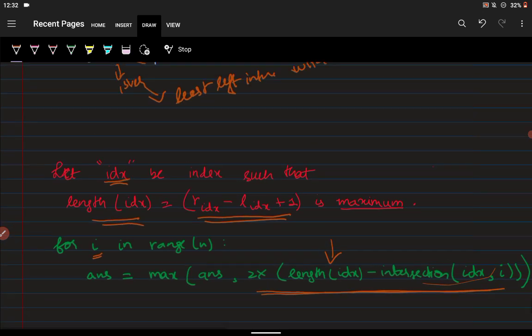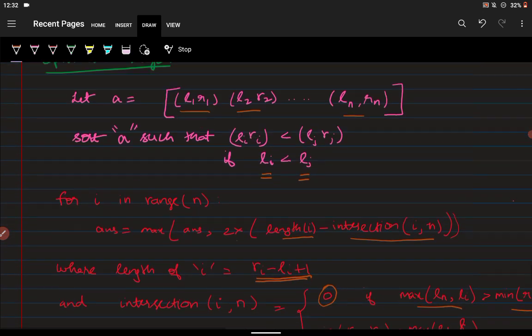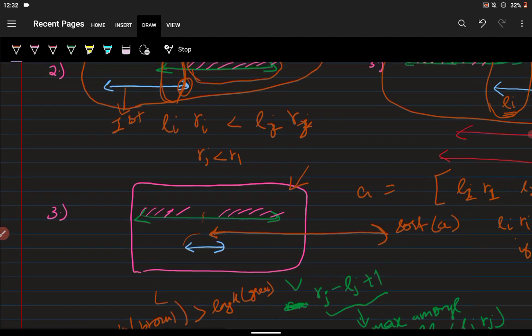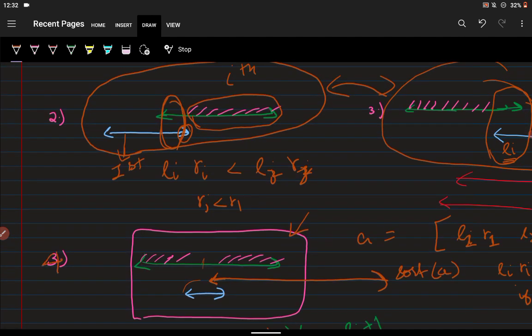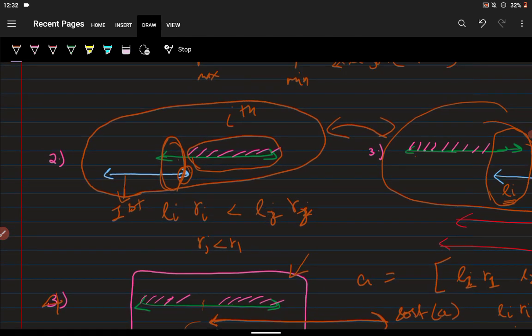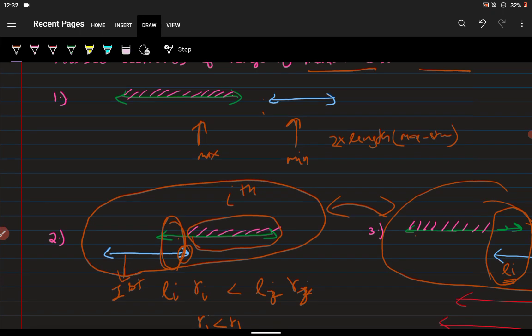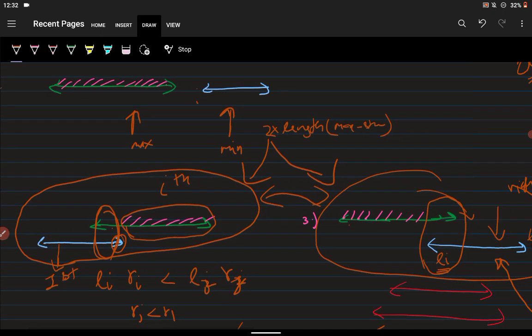This will cover all 4 scenarios: left intersection, right intersection. If there is no intersection, it will come to one of these two. If the blue range is on the right, it will come in this value.